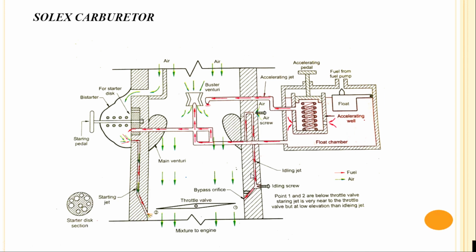Fuel is drawn and mixed with air coming through the air screw and supplied to the engine. The volume control screw controls the flow of air and controls the richness of the mixture supplied with high accuracy.